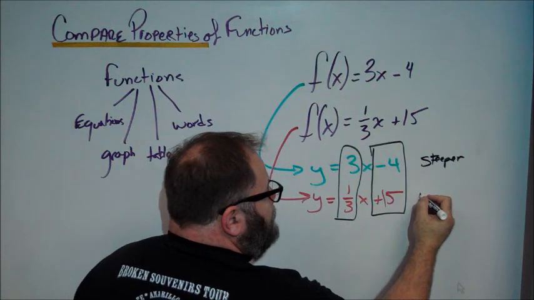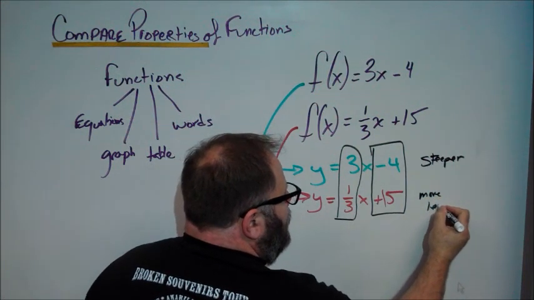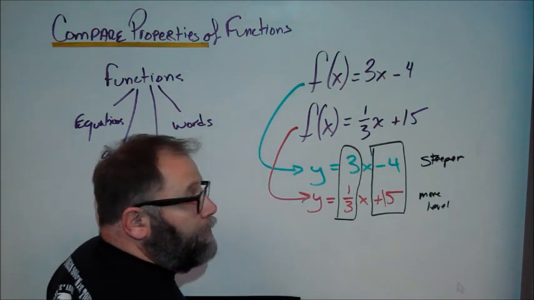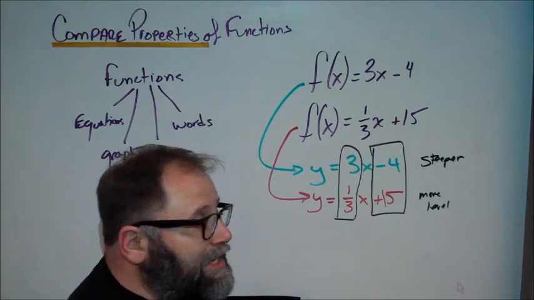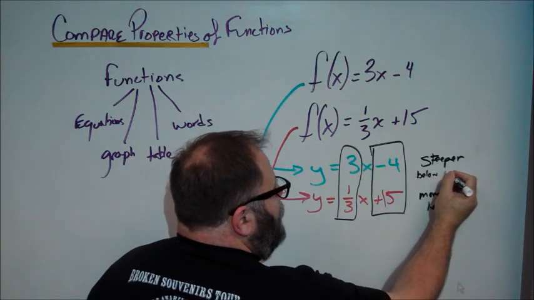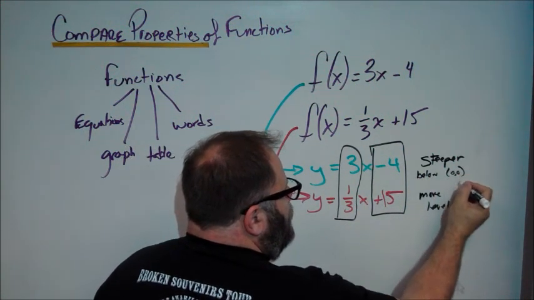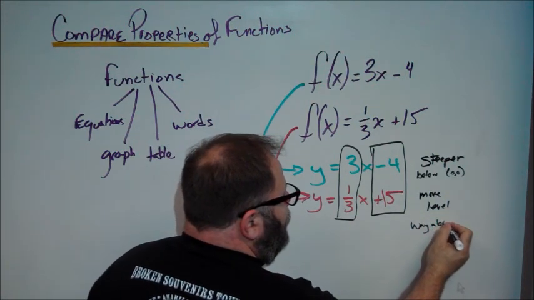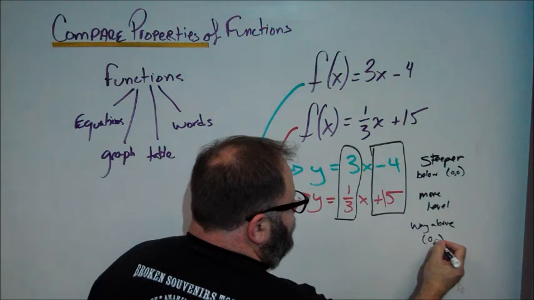This one is more level because it's only rising 1 and then going 3, rising 1 and then going 3. When I look at the y-intercepts, I know this one's going to start below the origin, and this one's going to start way above the origin.